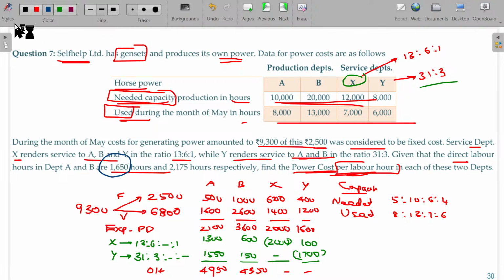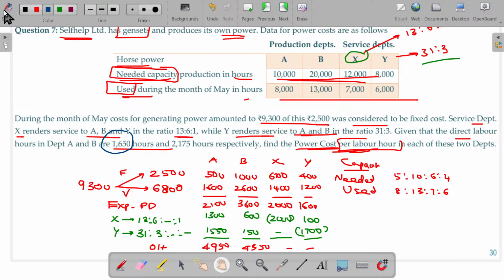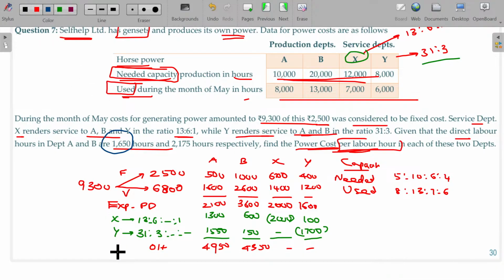A department has 1,650 hours, 1,650, 2,175. Then overhead recovery rate being, divide this overhead by the hours. Then here the value being 3, here the value being 2. 3 and 2. Clear?